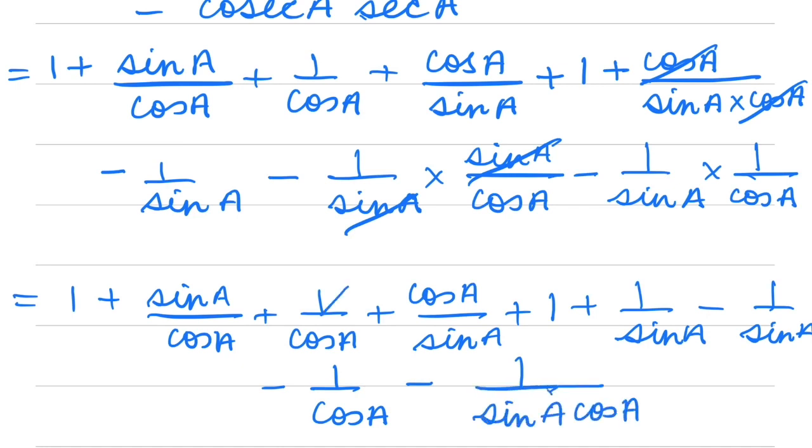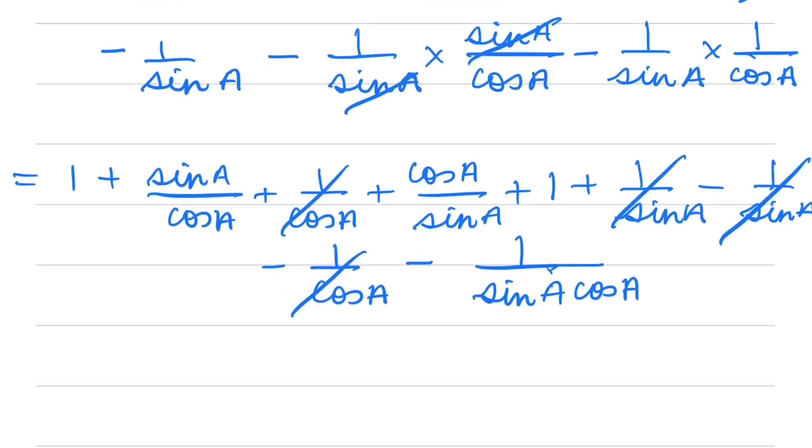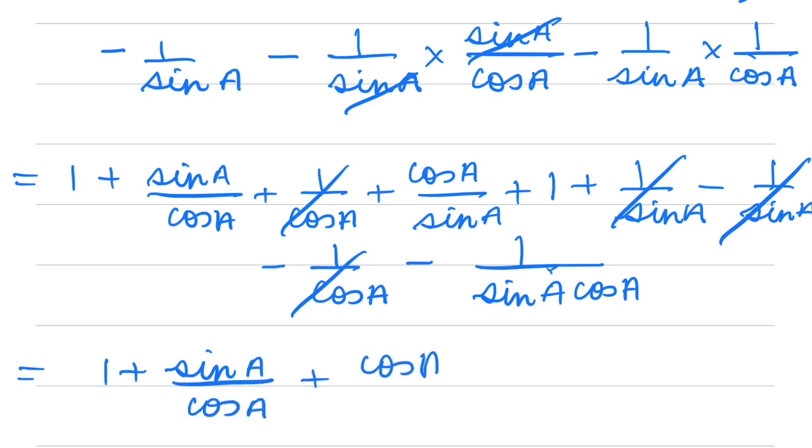Now plus 1 by cos a minus 1 by cos a gets cancelled, and plus 1 by sin a minus 1 by sin a gets cancelled. We are left with 1 plus sin a by cos a plus cos a by sin a plus 1 and minus 1 by sin a cos a.